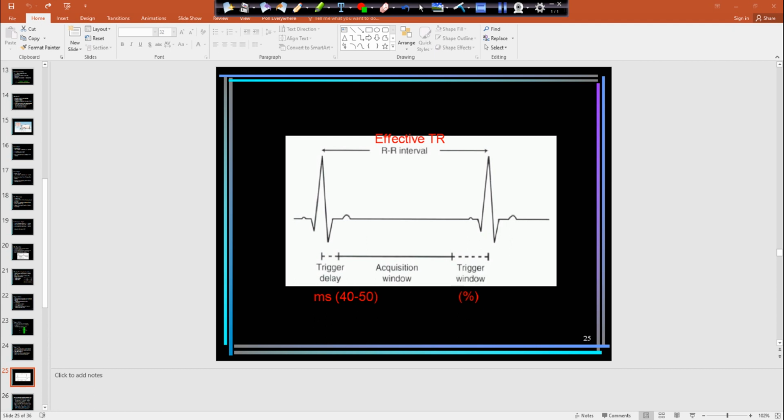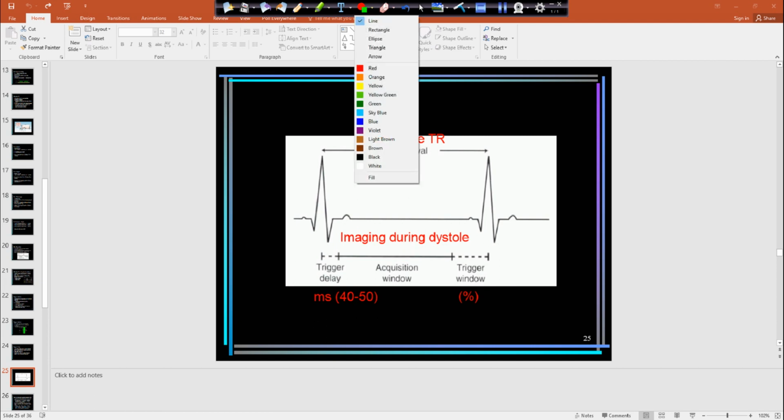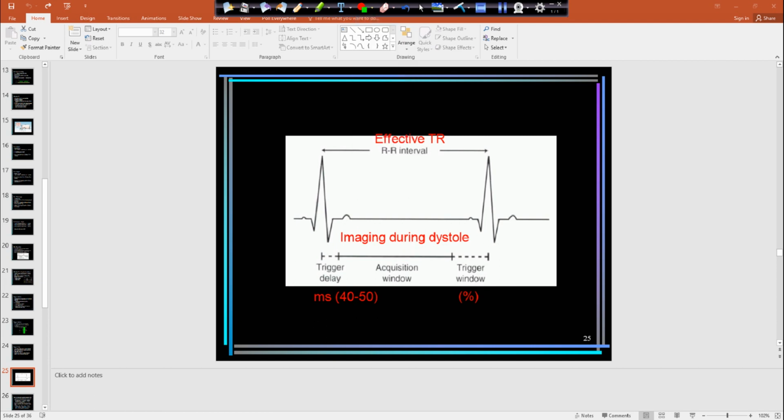And then your acquisition window is when we're imaging during diastole, because you can see here that this is the most desired time, because there is no motion of the heart.